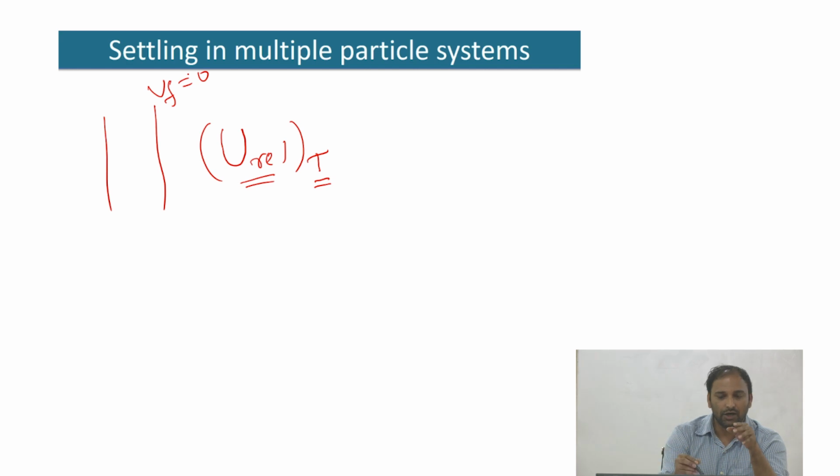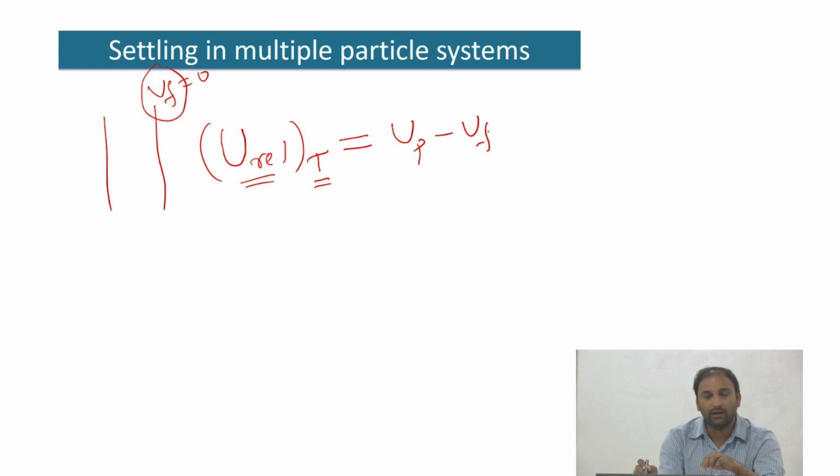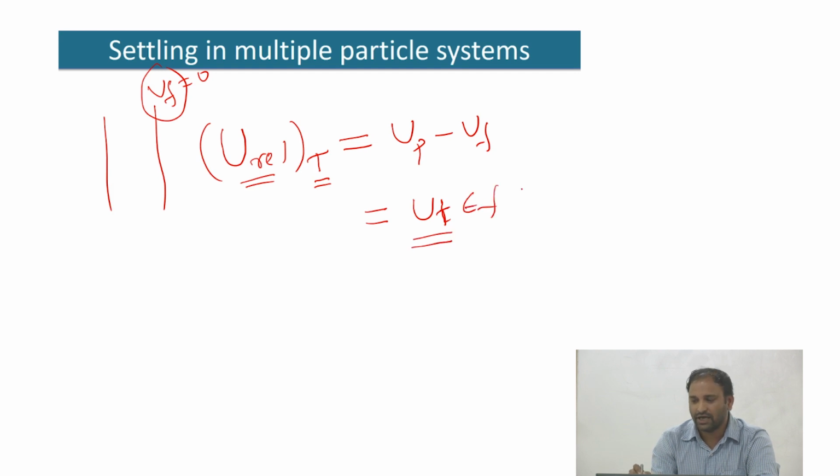There's going to be a UF component as well, and this UF is actually U of particle minus U of the fluid. And we just derived that it basically goes as UT, which is the terminal settling velocity under free settling conditions, multiplied by epsilon into f of epsilon.